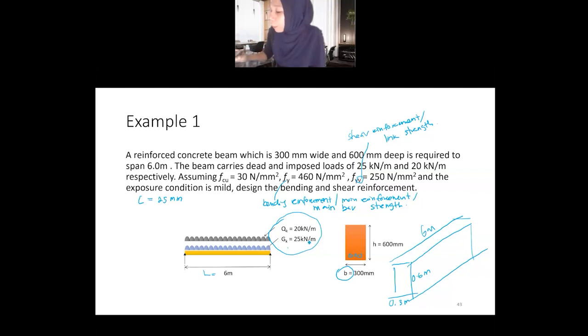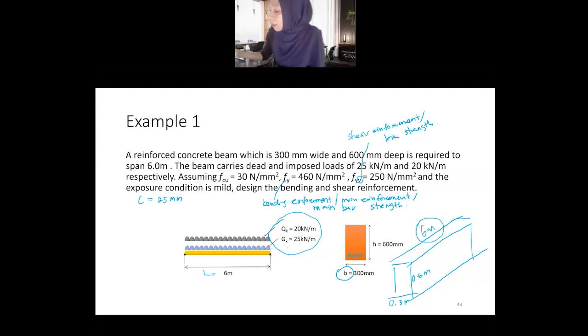Because here kita nampak yang bila dia letak QK, GK ni semua dalam kilonewton per meter, which means dia tak darabkan lagi dengan length dia. Okay, because this one adalah UDL, uniformly distributed load. So sama juga bila kita kira self weight, kita tak payah masukkan lagi dia punya length.